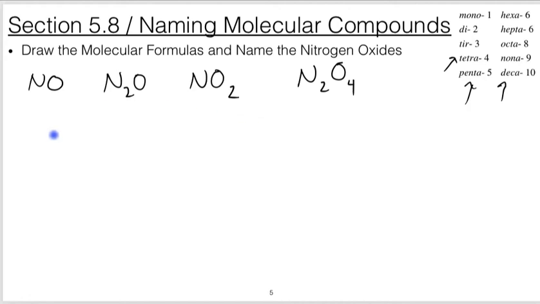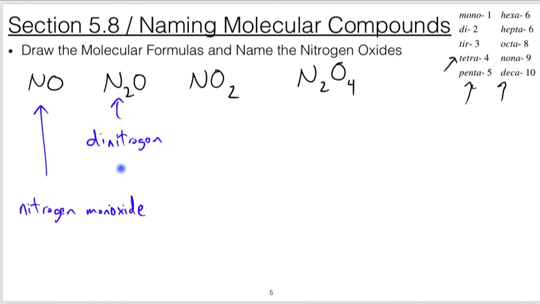So let's name these. And along the way, I'll share a few little rules with you. So this one is called nitrogen monoxide. This one is called dinitrogen monoxide. This one is nitrogen dioxide.